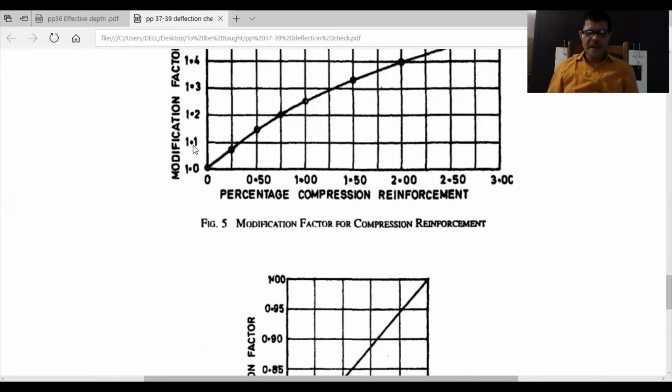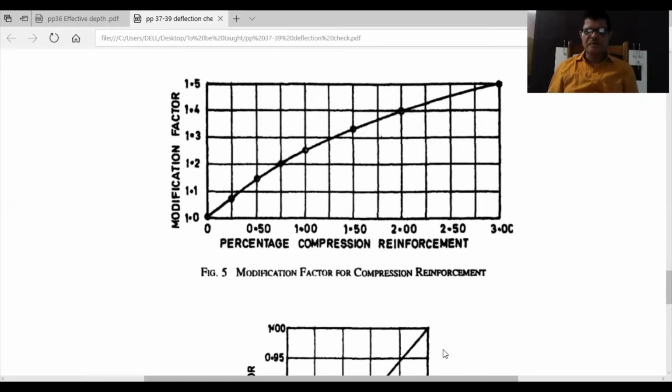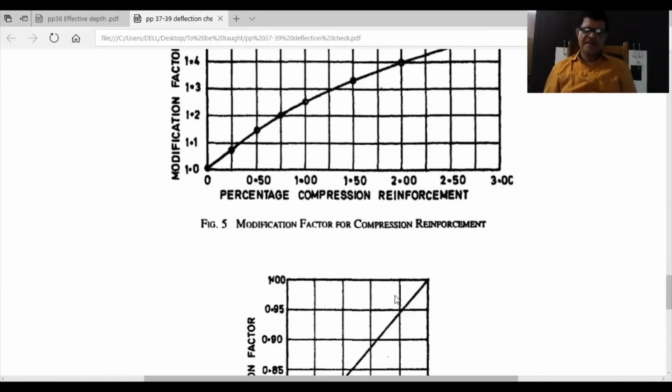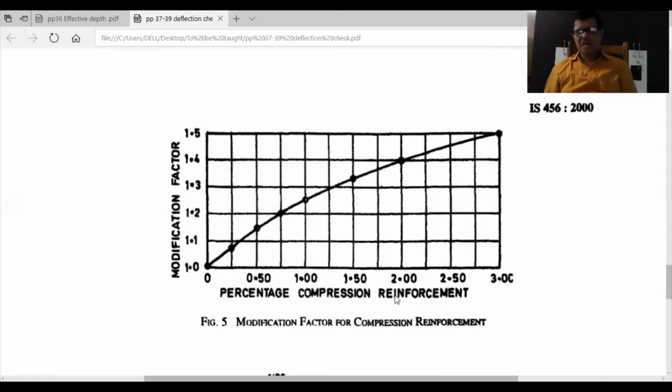Now figure 5 is given for the compression reinforcement. So whenever there is a doubly reinforced section, as we have seen in the analysis, if you have designed a doubly reinforced flanged section, then in addition to these two, the reduction factor and the modification factor for the tension steel, you have another factor, that is the modification factor for compression reinforcement.